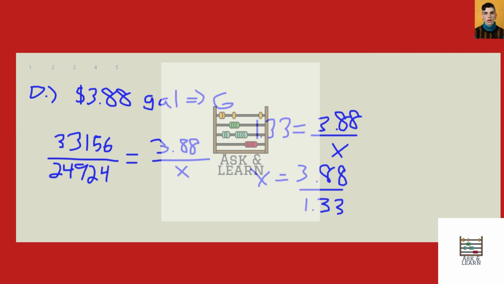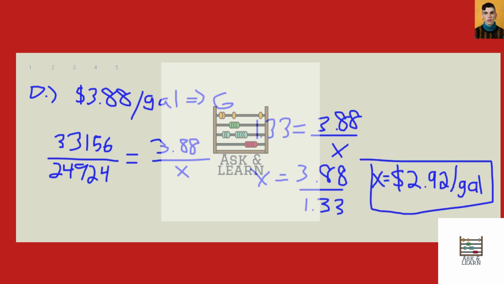Our answer is that E85 is going to cost us $2.92 per gallon.